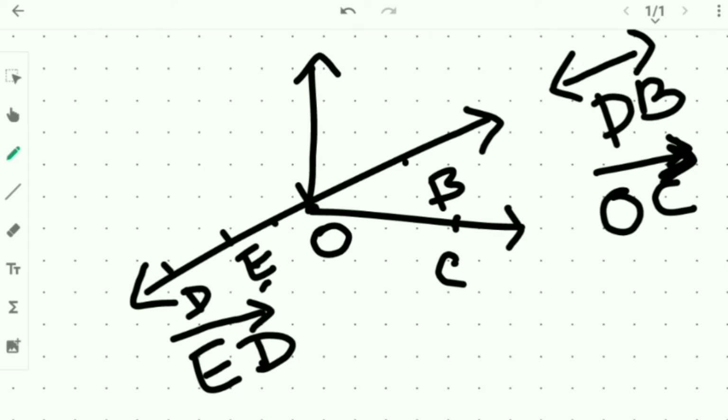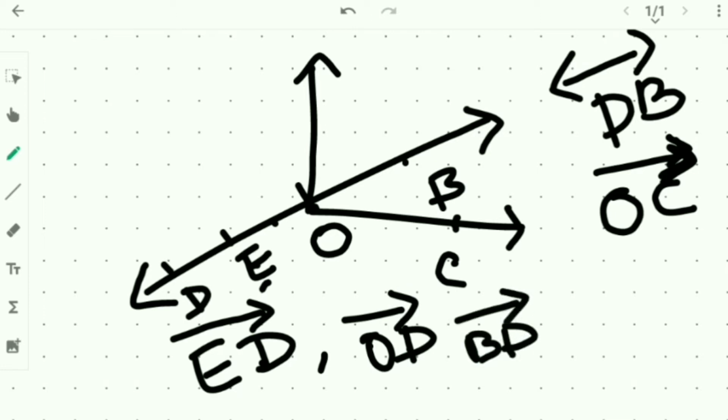So ED is a ray. The same way OD also will be a ray. OD. Also BD. Now we've got 3 rays. Other ray you can write, the previous one we wrote, OC. That also is a ray. OC. The first point will be finite, that will be the starting point. The second point you're writing will not be ending.